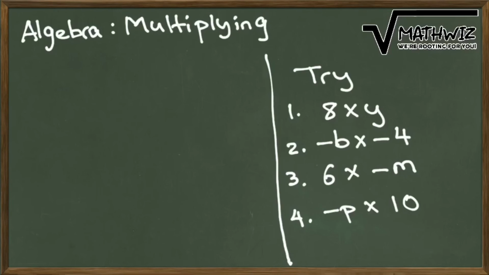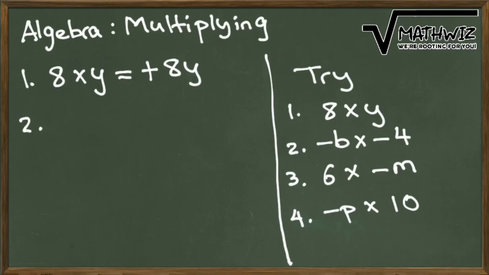So provided you work these out on your own and you are ready for the answers, we have 8 multiplied by y. So we have a positive multiplied by a positive, which will give us a positive, and 8 multiplied by y will give us 8y. We then have negative b multiplied by negative 4, and a negative multiplied by a negative is a positive, and b multiplied by 4 is 4b.